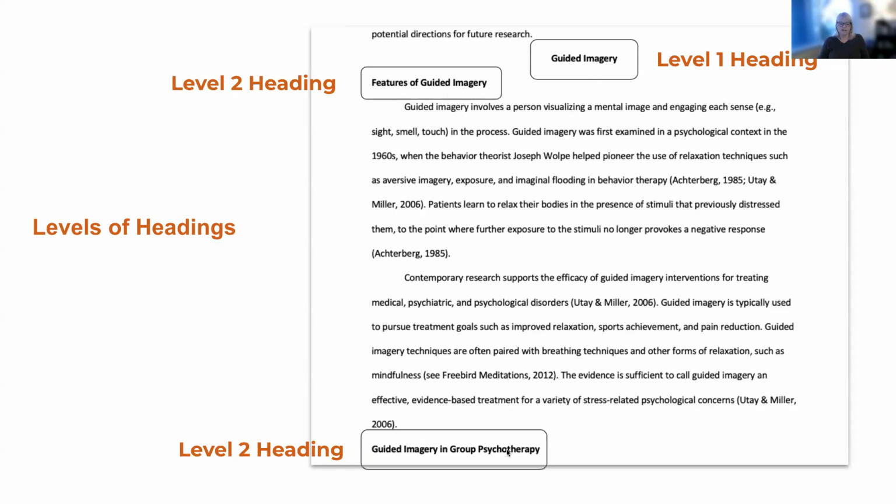So then there are these 2 sections that are subsections of the guided imagery. And you can go on to level 3, which would be a breakdown of a level 2 section. And that would be bold, italics, and title case. But typically, I see students use levels 1 and 2.